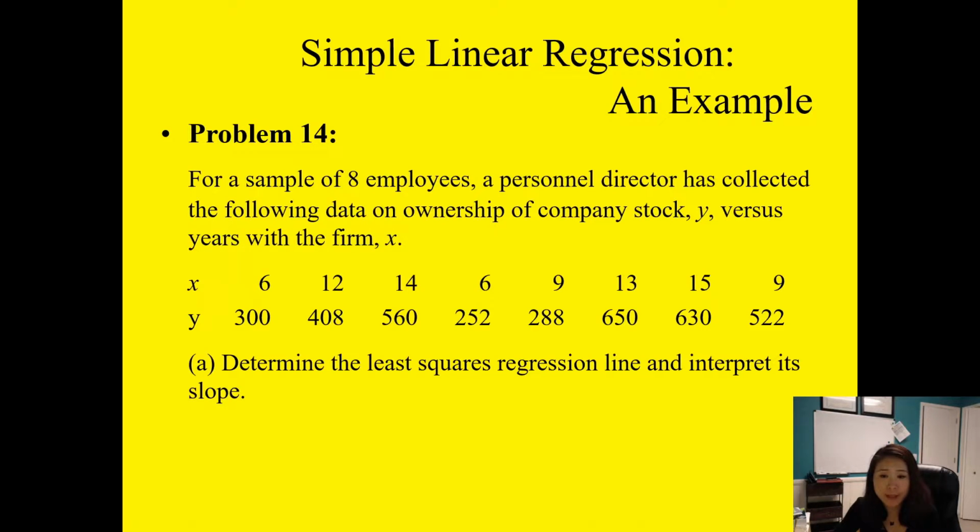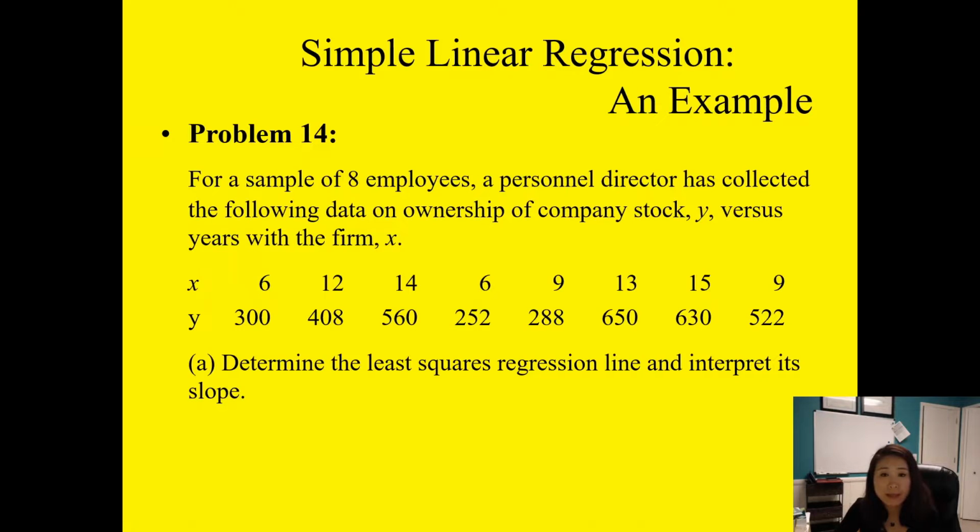Which one is my x variable? The years with the firm. Which one is my y variable? That is ownership, the number of stocks the employee owns. Basically, in this study they try to predict the number of stocks an employee owns given the employee's working experience with the firm.